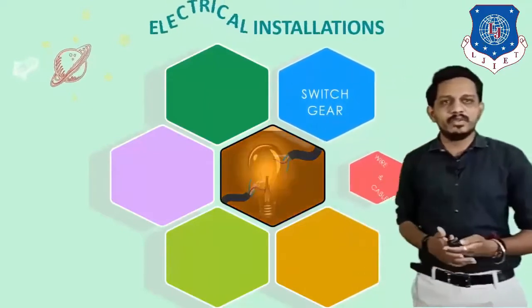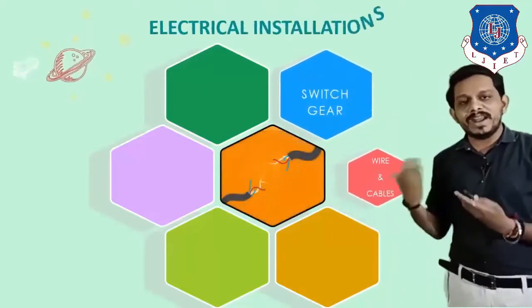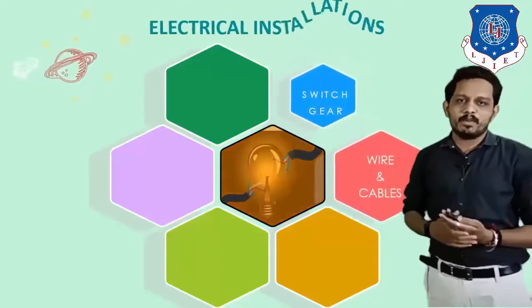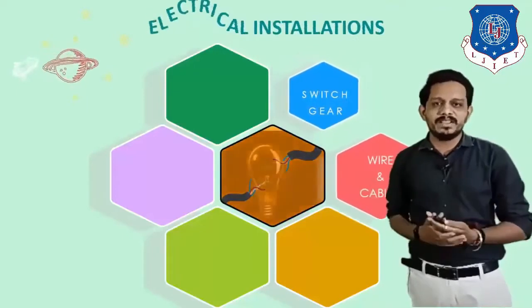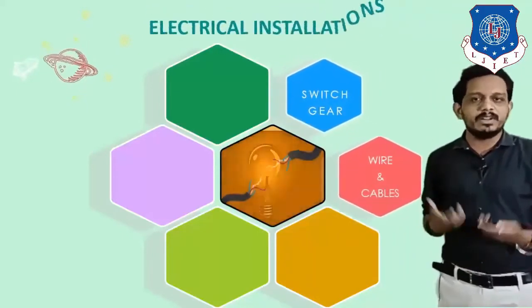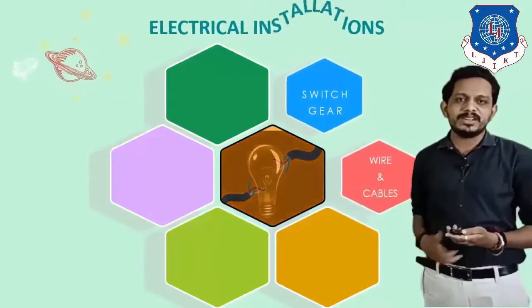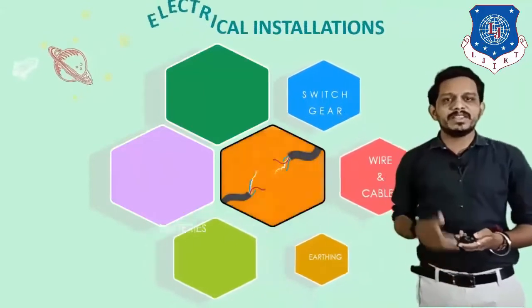Next, we are going to discuss wires and cables. We know that we are using many types of wires and cables, but we have never discussed how that cable is constructed and in which application which wire and which cable should be used. That we are going to discuss in this point. Next, we will discuss earthing.